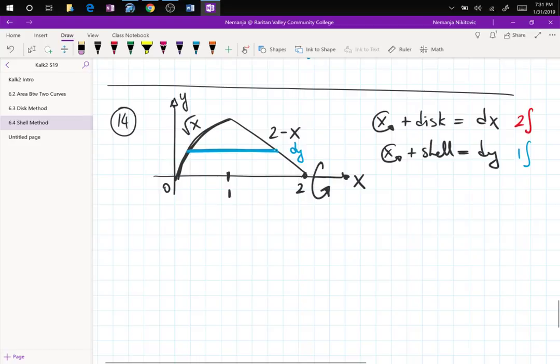This problem can be solved both ways, and this is my challenge to you for next class. You will practice the cuts on an apple, if you're interested in these things. Otherwise, don't worry about it, just forget it. The reason why I want you to cut the apple is because I want you to see those shells.